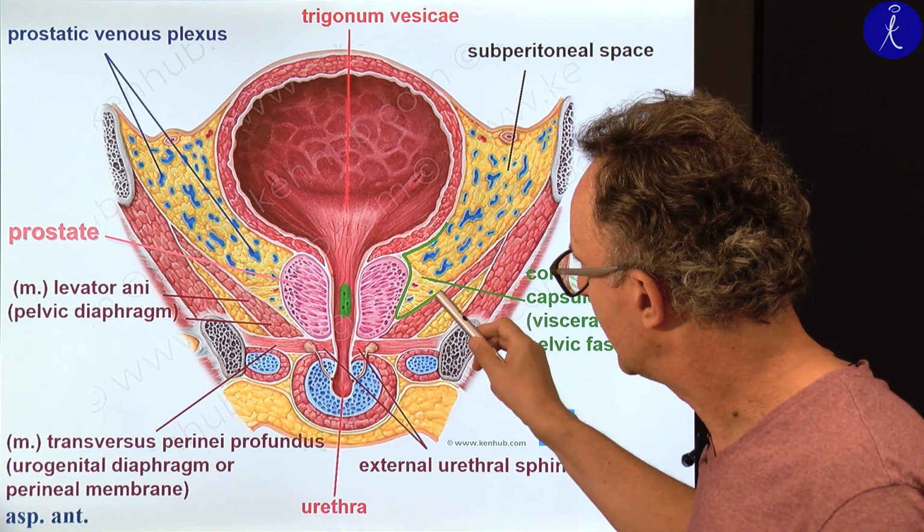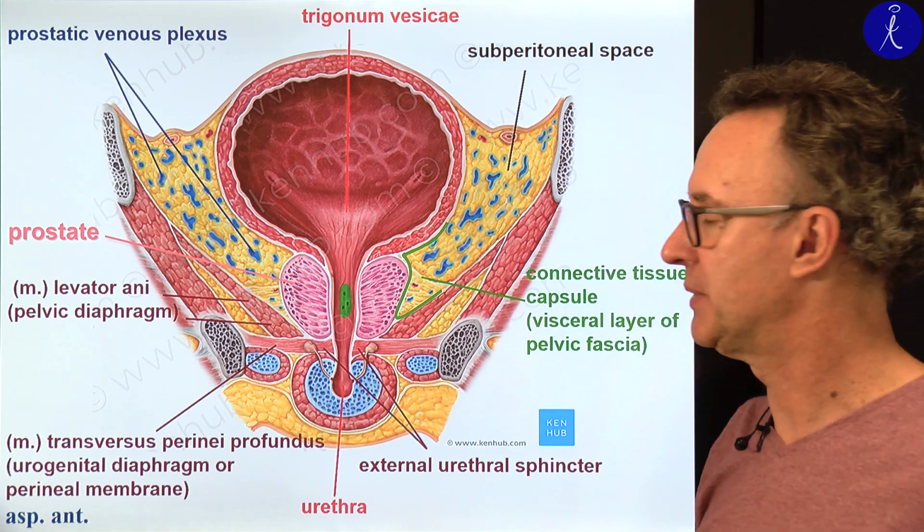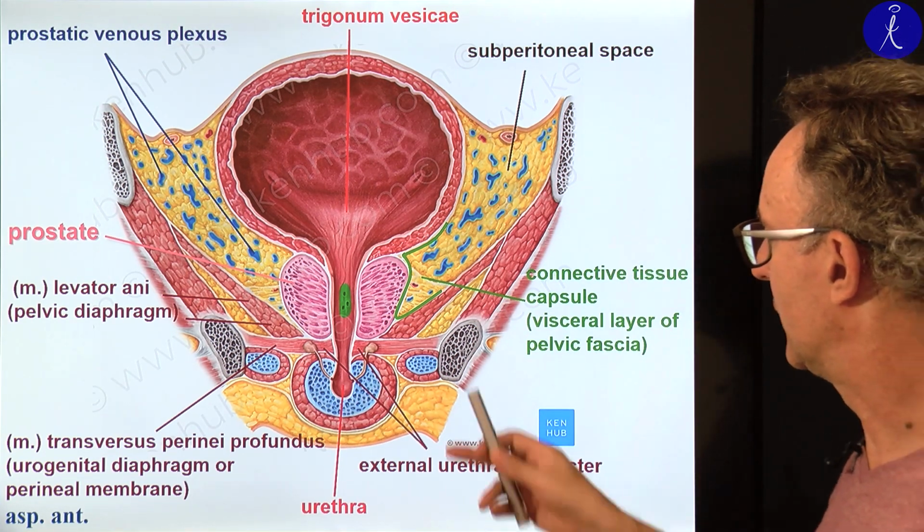And the upper fascia of the pelvic diaphragm is reflected on the prostate and forms a capsule-like structure around the prostate.